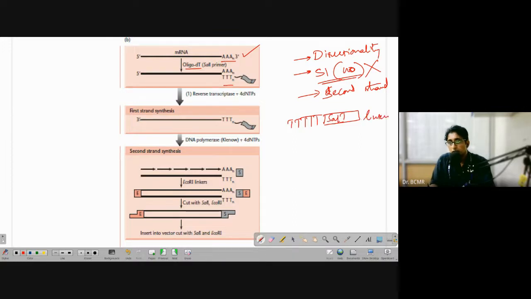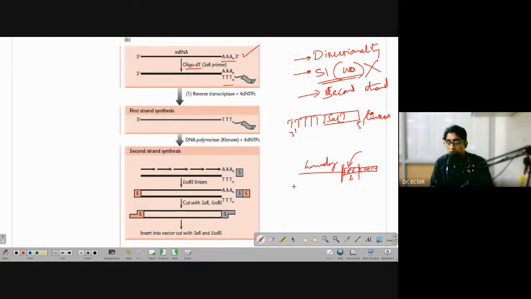You remember when we discussed designing cloning primers, we use a region of homology. This is the 5 prime, so I'm putting it like this, region of homology. And then we have the restriction site, which you can call the linker. And we have some buffer sequence, which is used for increasing the efficiency with which the restriction enzyme binds, recognizes and cuts.